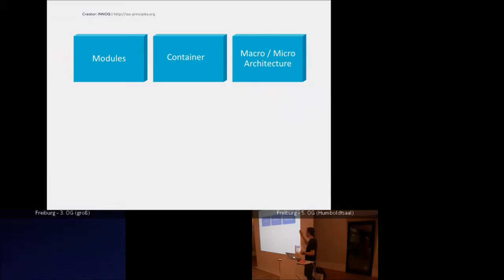That's where micro and macro architecture comes in. The macro architecture are standards for all microservices, like the communication, while the micro architecture is about things that can be done differently in each microservice. So for example, you could have a different implementation in every microservice. So you could have one in Java, the other one in PHP, and what have you.